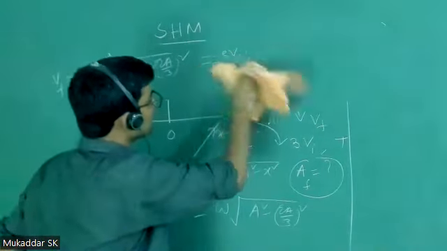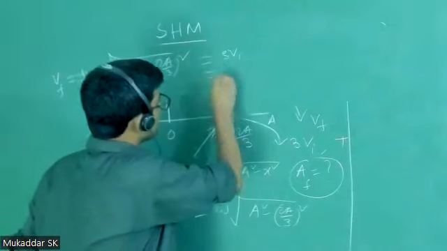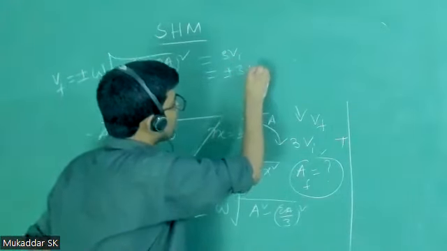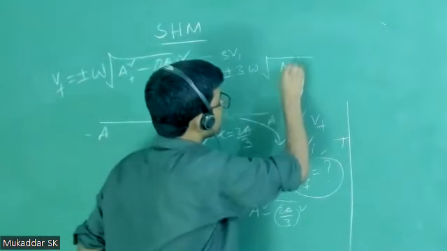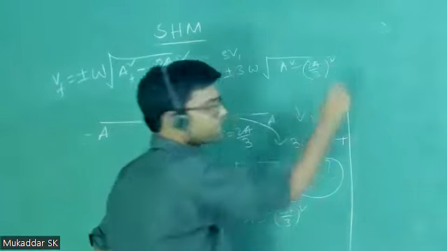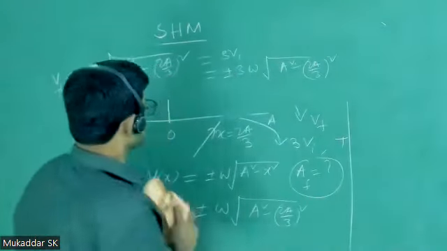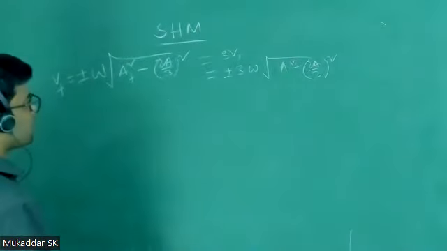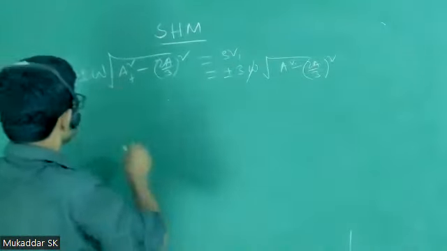Now I'll substitute that value. 3 times vi, so you have plus minus 3 omega times the square root of a square minus (2a by 3) square, right? So omega will be cancelled from here.